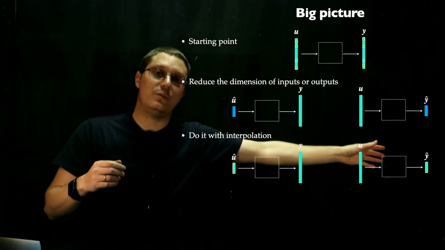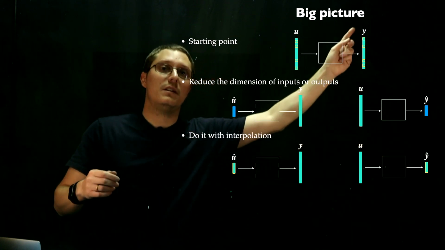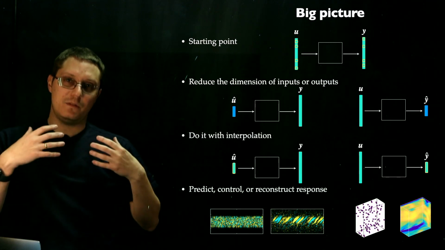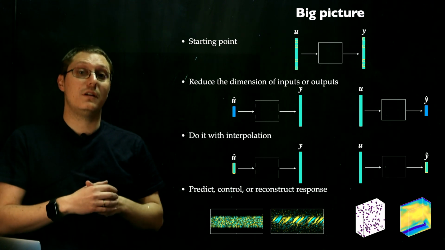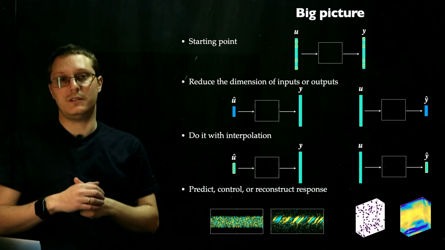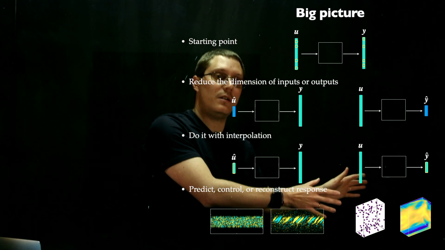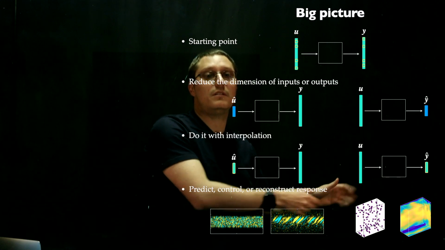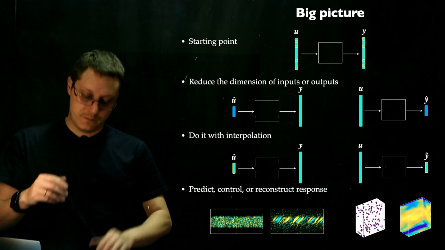And the same goes for the output. So the low dimensional output is an actual subset of the higher dimensional counterpart. And what we can do with this is that we can now predict the response of the system only by knowing a subset of all the inputs that are acting on the system, or we can reconstruct the full output only having access to a subset of all the available measurements for the system. So that's the main idea.